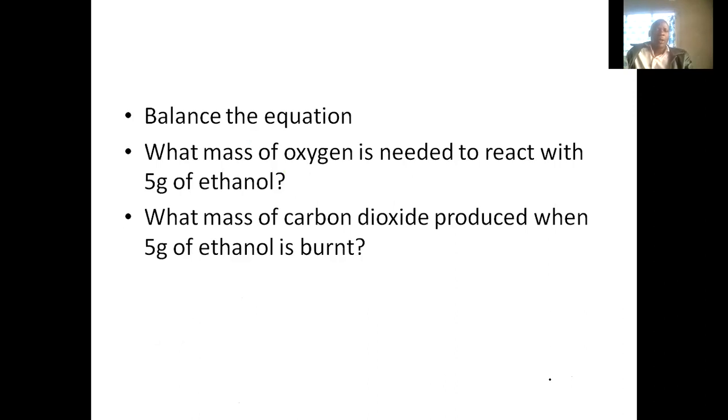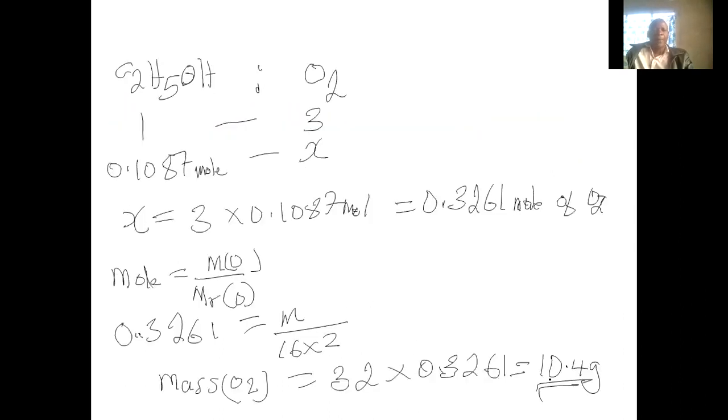The next part asks us to find the mass of carbon dioxide produced when 5 grams of ethanol is burnt. I have to look at the mole ratio for ethanol with respect to carbon dioxide.